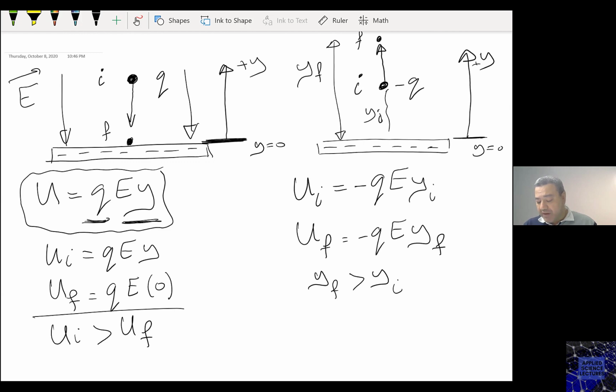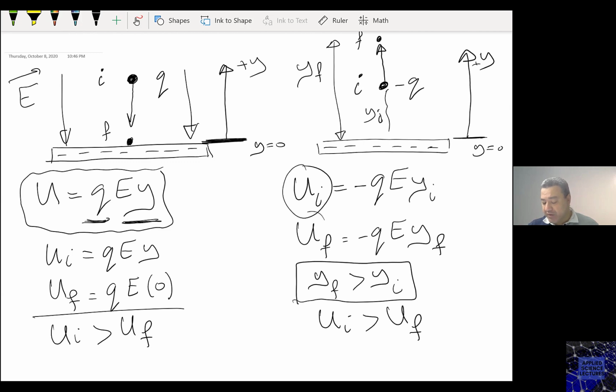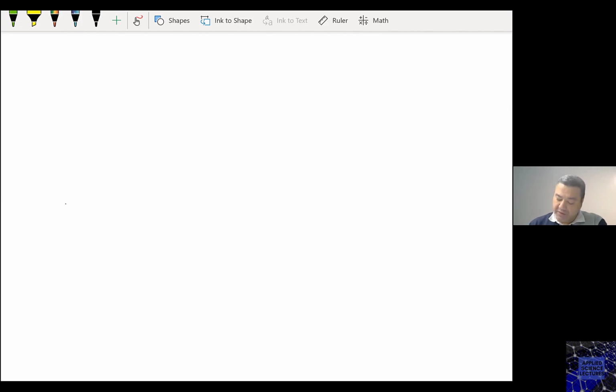However, because of the minus, UI is greater than UF. So indeed, the electric potential energy at the point I is greater than the electric potential energy at the point F. Although YF is greater than YI, because of the minus, UI is greater than UF. Now let's look at the other two cases.